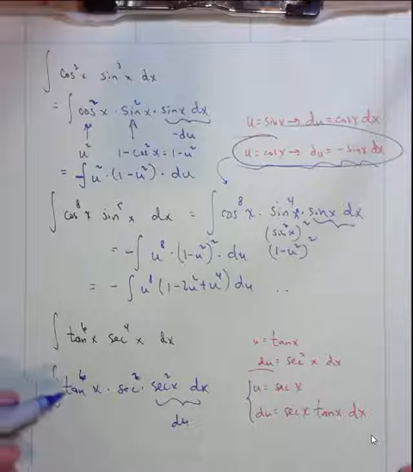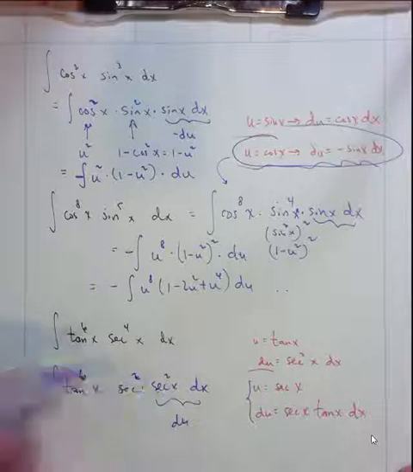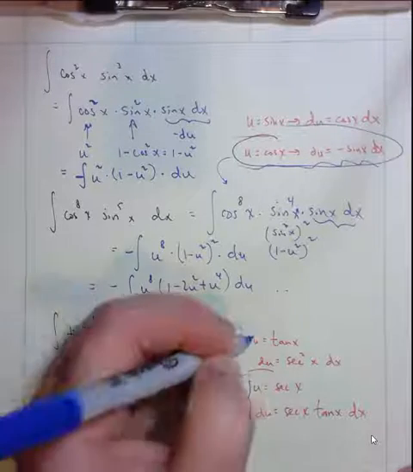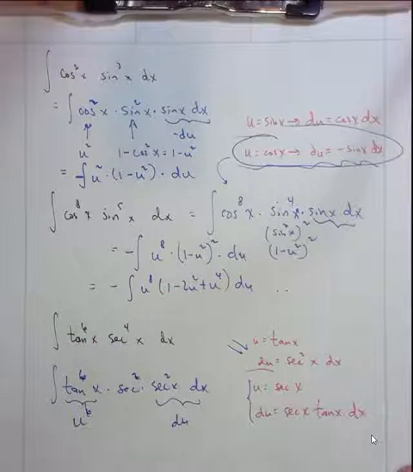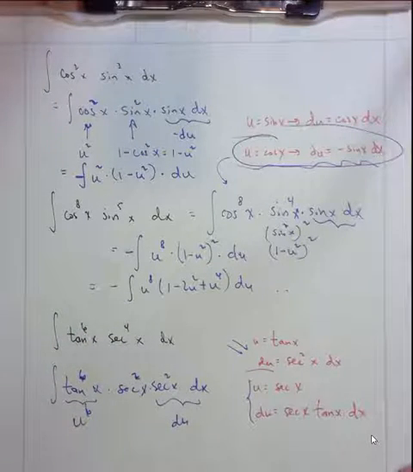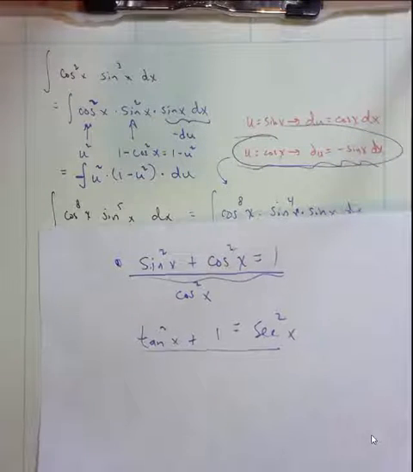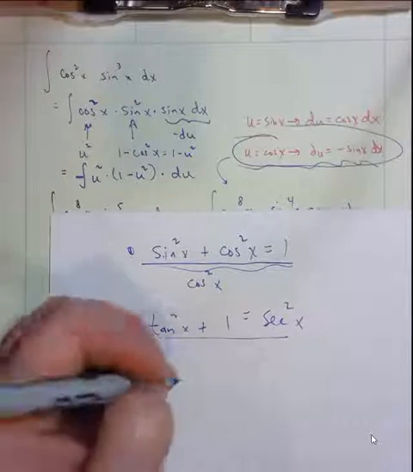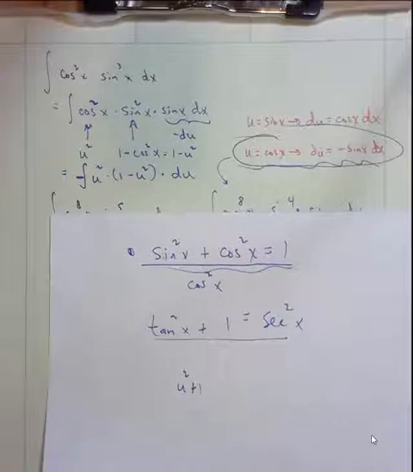Well, this is all accounted for in the substitution. This part of it's just going to be u to the sixth, because remember, I'm using this substitution now. u is tangent of x. And what am I going to do with my leftover secant squared? Well, remember, I can turn even powers of secants into tangents, and the identity is this. Secant squared is tan squared plus 1. With my substitution, that's going to be u squared plus 1.